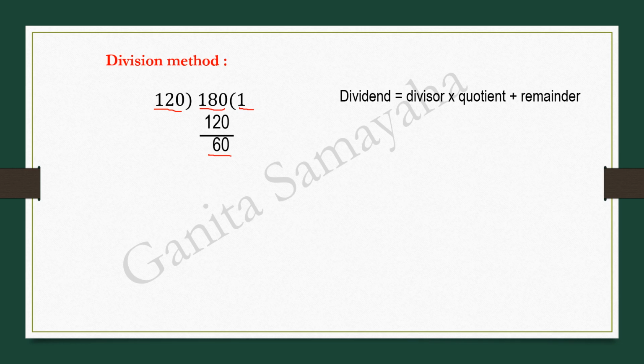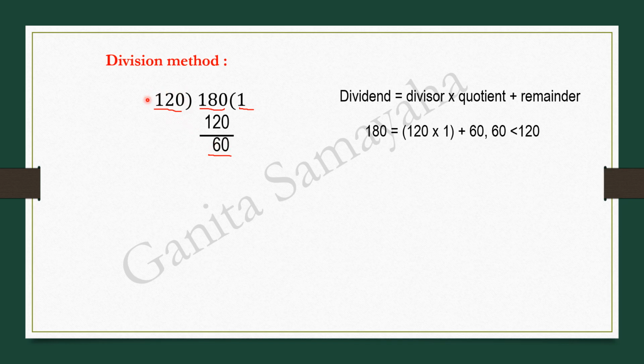So let us again use that here now. Which is the dividend? 180. 180 is equal to divisor 120 into quotient 1 plus 60. We'll write that: 180 is equal to 120 into 1 plus 60. And we know that this remainder must always be less than the divisor.